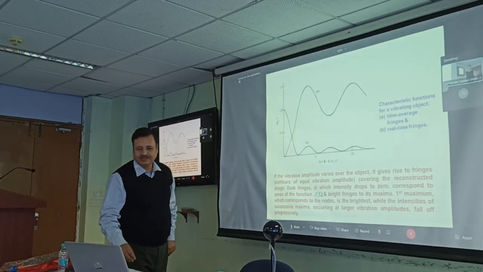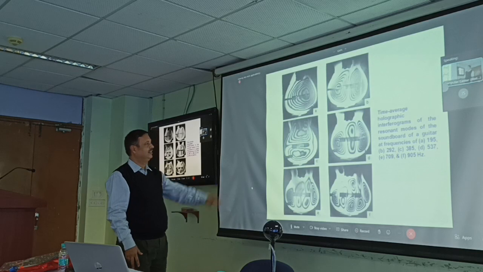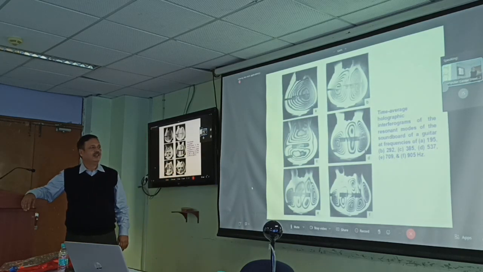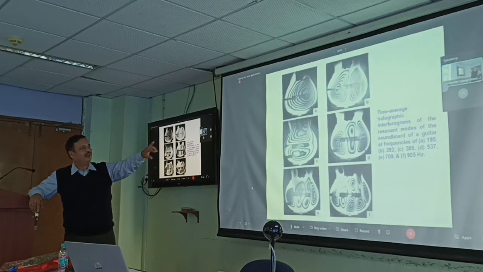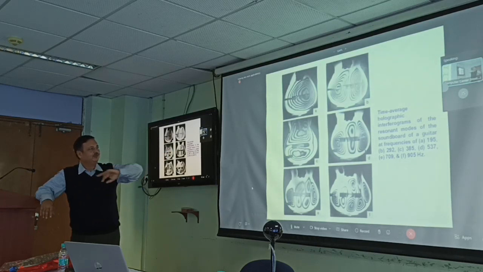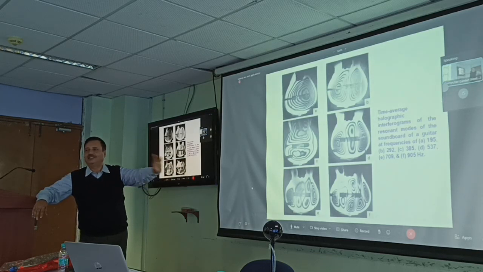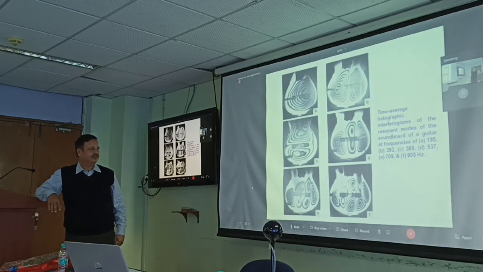So if you see at different timings, such images, this is how you can see time average holographic interferograms for different frequencies. So A frequency is 195, B is at 292, C is 385, D is 537, like that. This is the time average interferometer.